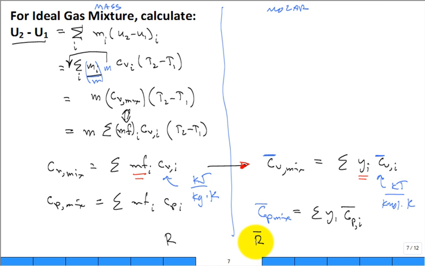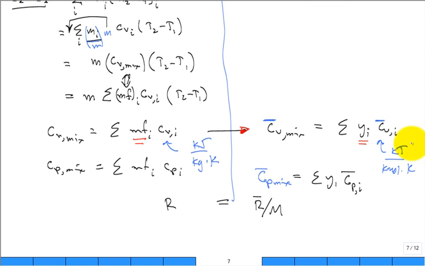You use the molar mass, right? So R is equal to R bar divided by the molar mass. What's the relationship between C sub V and C sub V bar? And then C sub P is equal to C sub P bar over the molar mass.